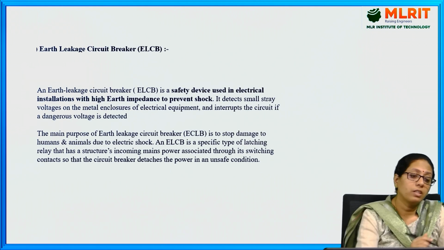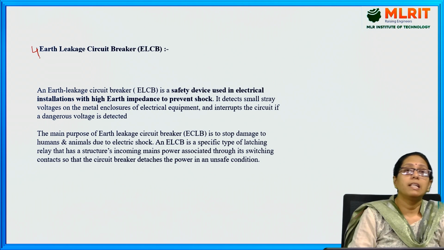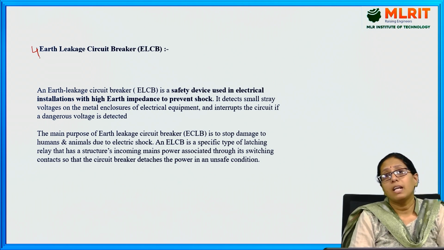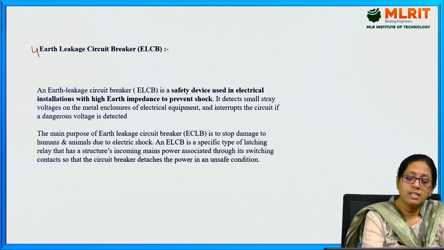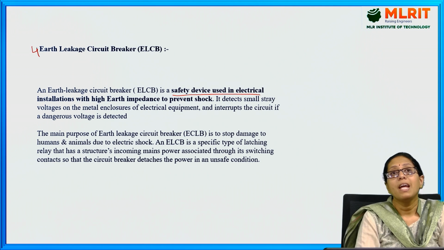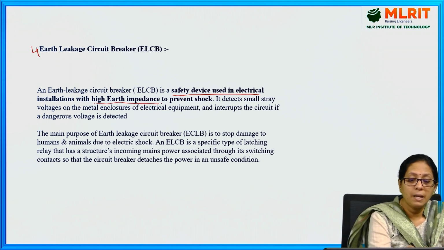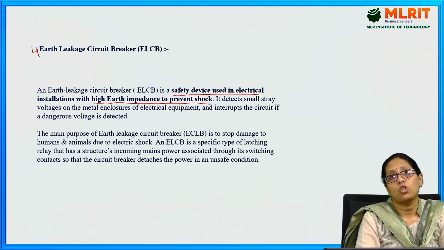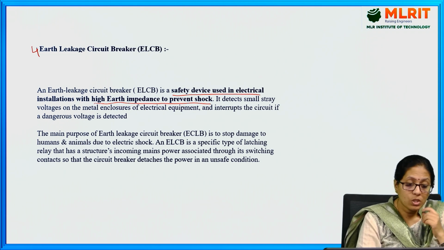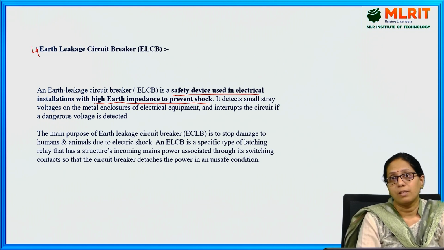The next one, the fourth type, is the earth leakage circuit breaker. The earth leakage circuit breaker is a safety device used in electrical installations with high earth impedance to prevent shock. It is mainly used in locations where high earth impedance is present.